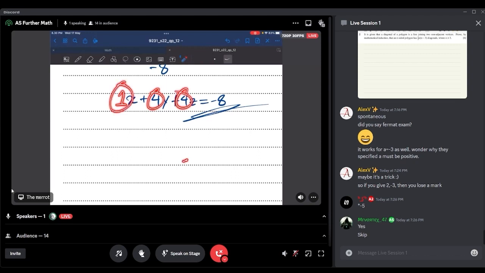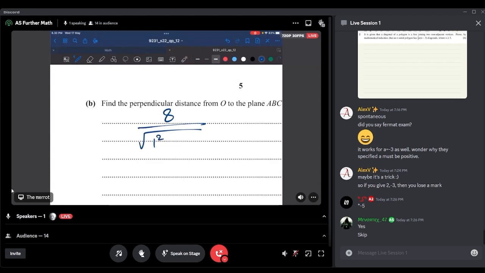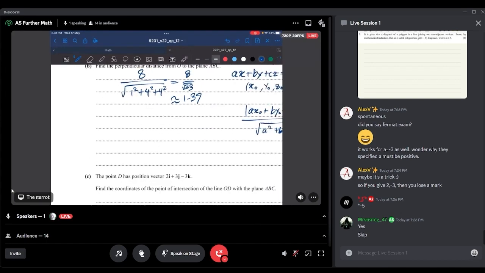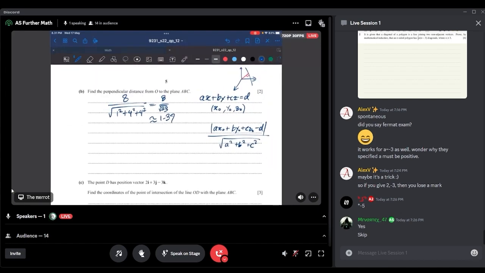So 1 squared plus 4 squared plus 4 squared. And that's it. That's your answer. Simplifying it, you get root 3. Or you can put it in your calculator, 1.39, whatever. Okay? It's not bad for 2 marks.